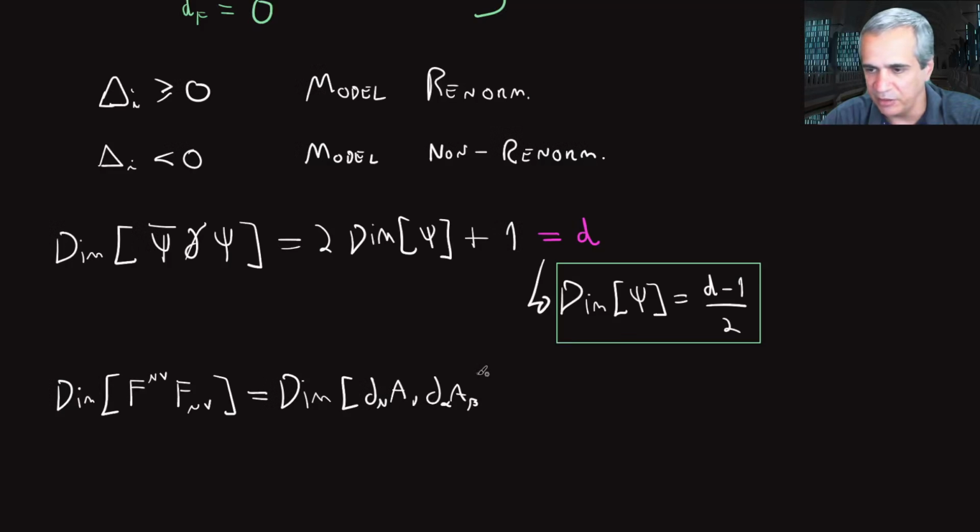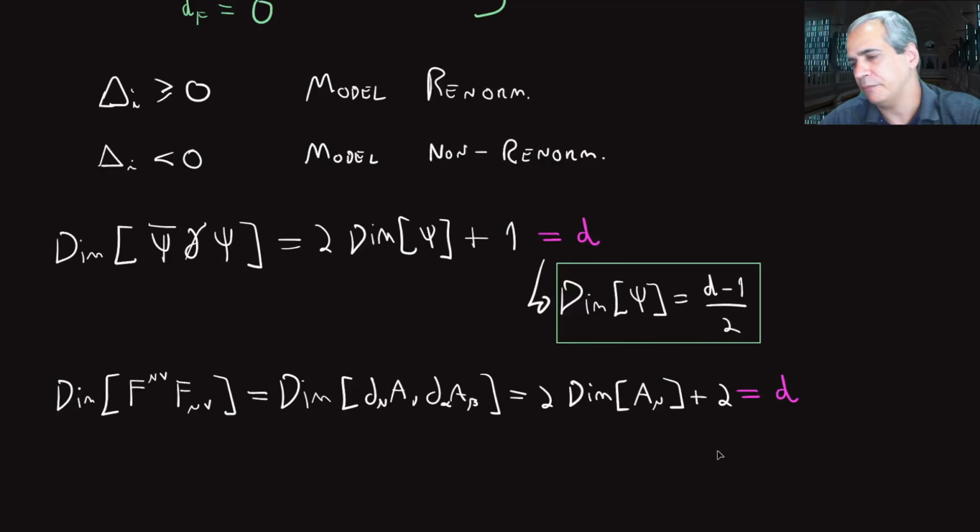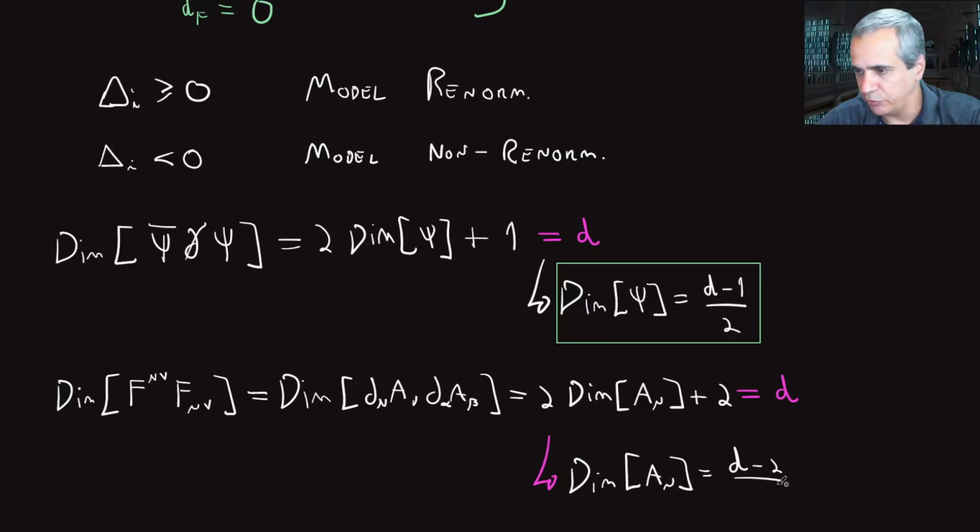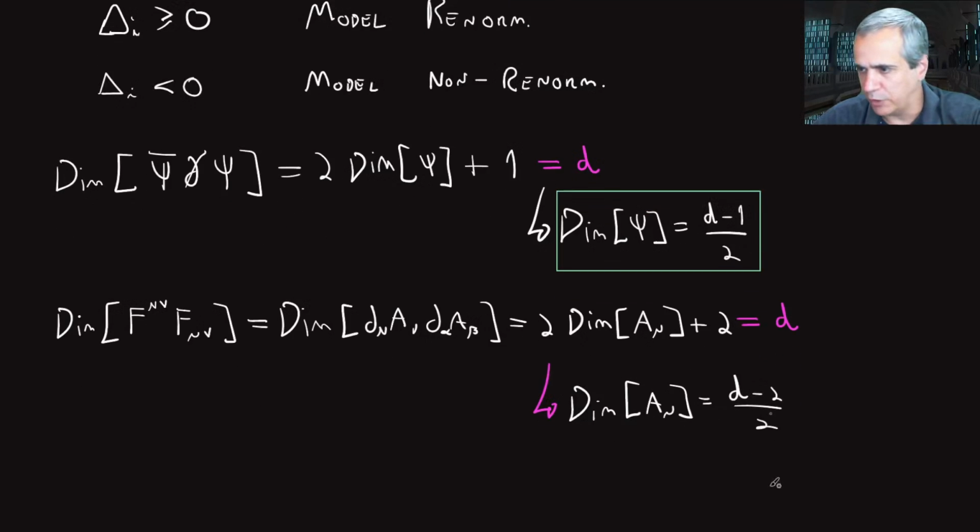I have more than one combination possible in here, but the dimension is the dimension of these, which again is twice the dimension of the vector field plus the dimension of derivatives, which now I have 2, right? And again, this needs to be equal to d, which means that the dimension of A mu is d minus 2 over 2, right?